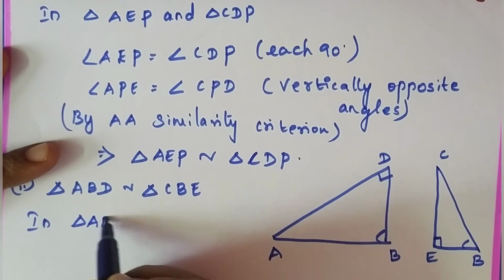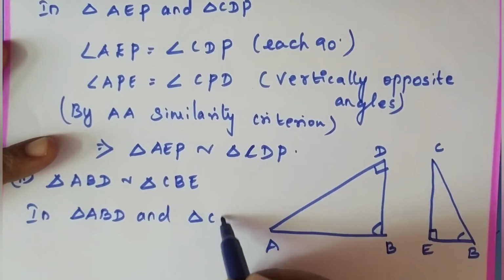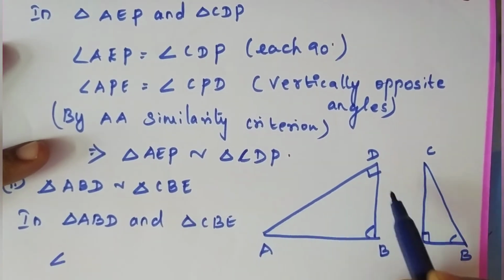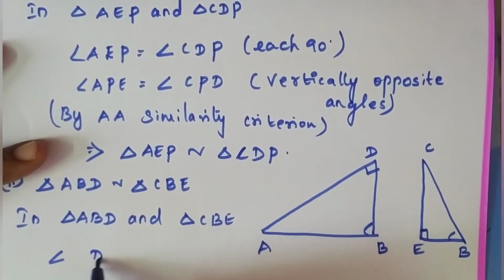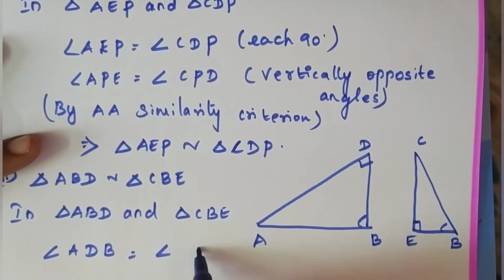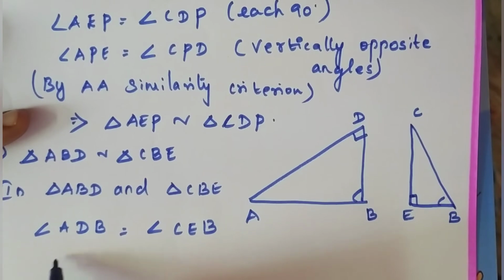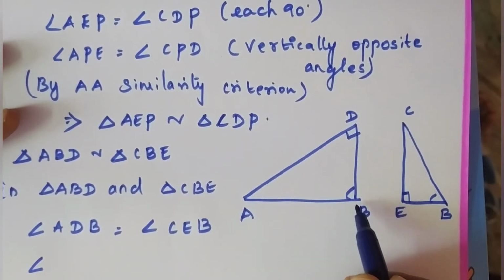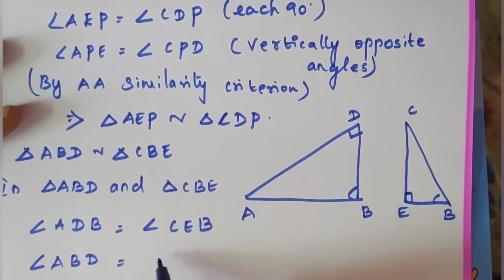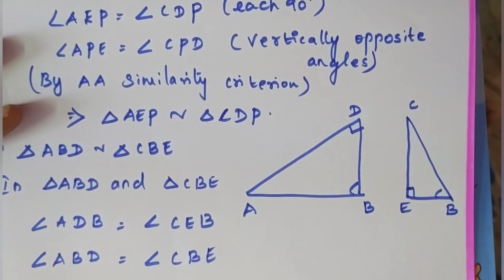In triangle ABD and triangle CBE, first write the 90 degree angle D, in between A, B, and then here E, C, B. Okay, and then write angle B, in between, and write the remaining vertex names at the sides. Here B, C, E.